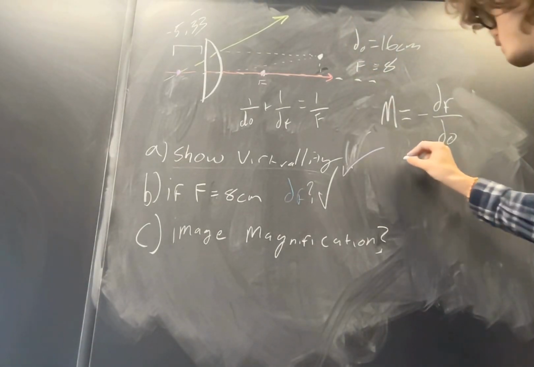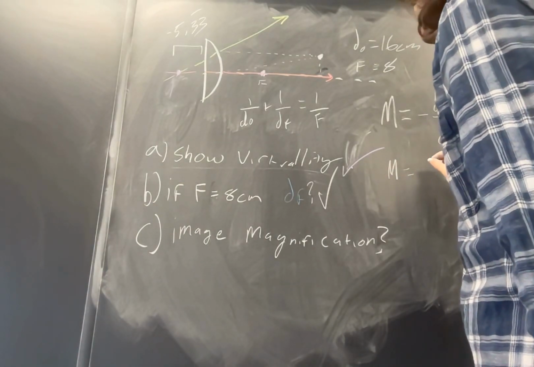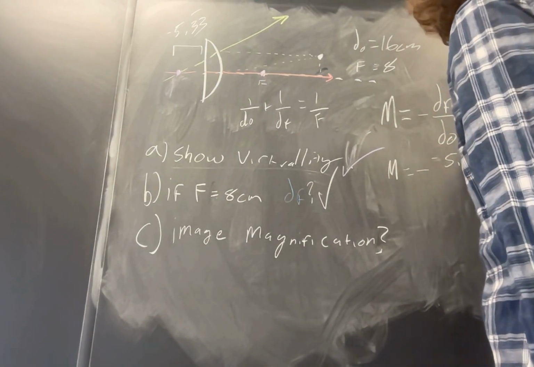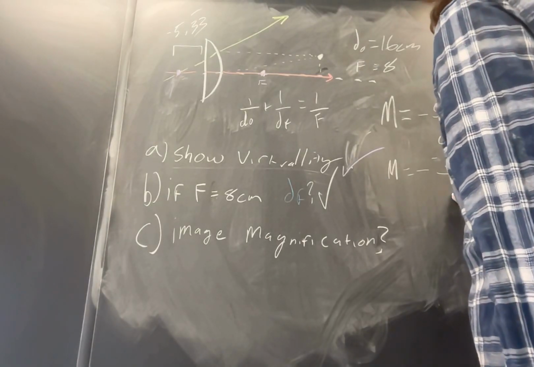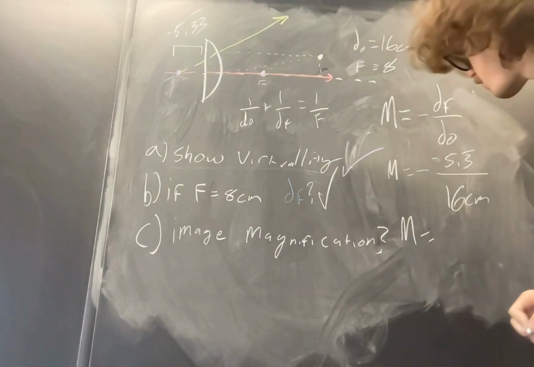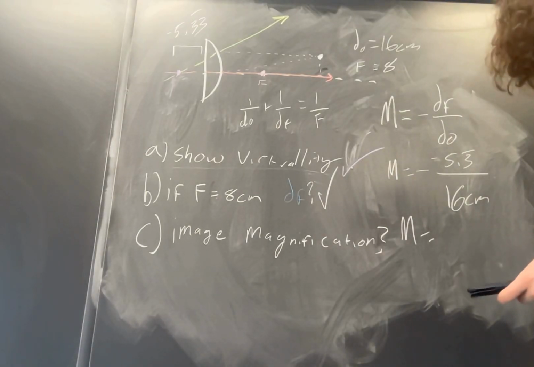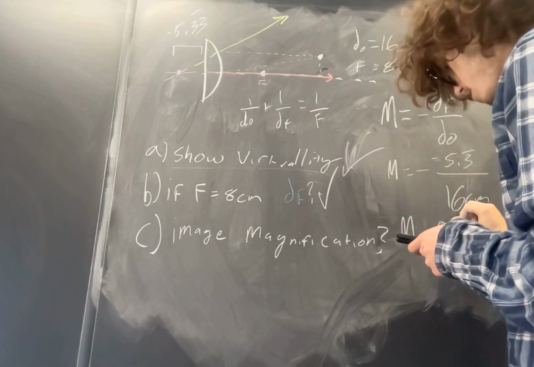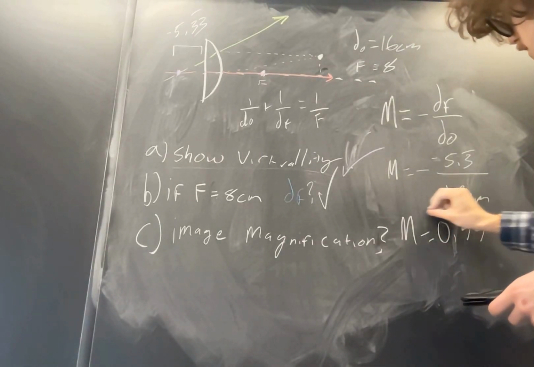So we just need to plug and chug here, and we're going to find that it's negative 5.3 over the initial distance, which is 16 centimeters, and thus the magnification in this case will be 0.33, and we'll leave it at that.